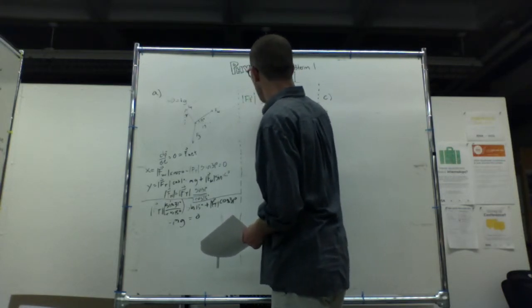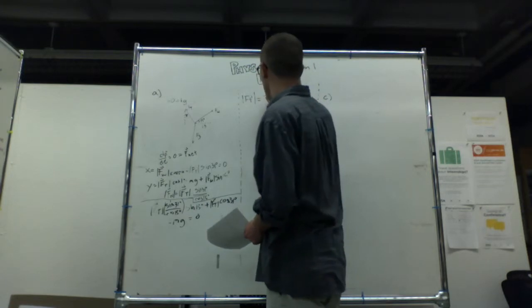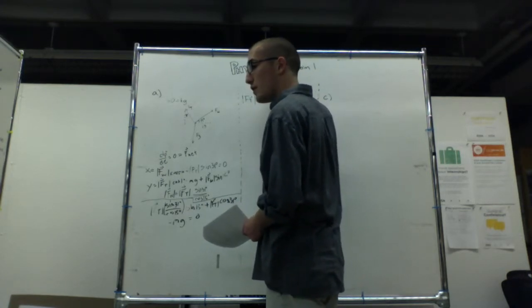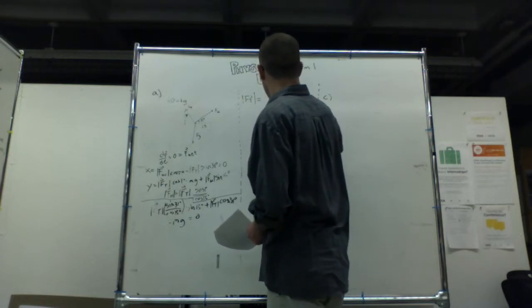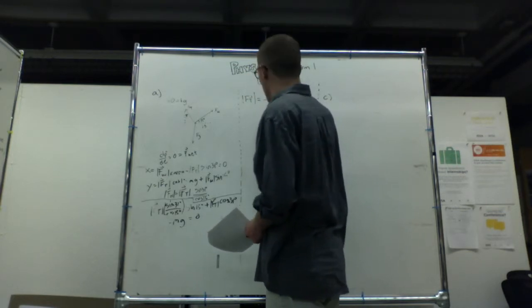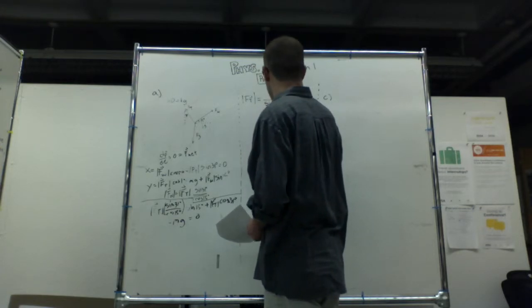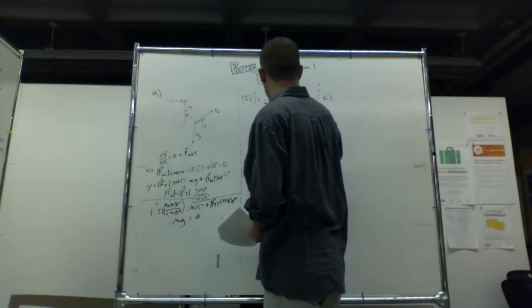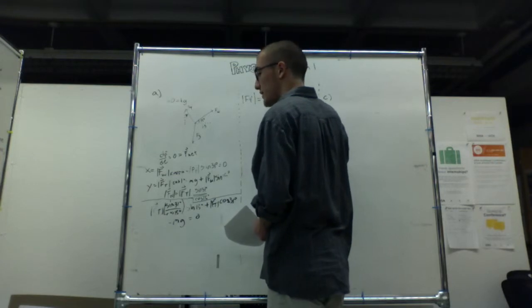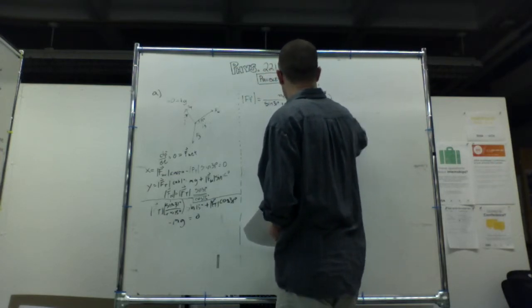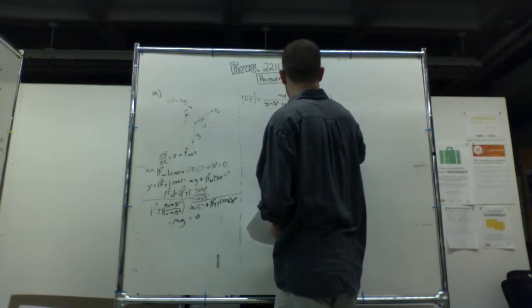F of t is equal to mg divided by sine of 31 degrees times the tangent of 15 degrees plus the cosine of 31 degrees.